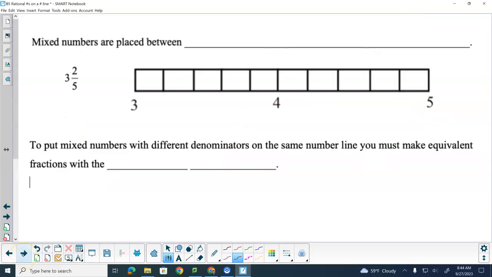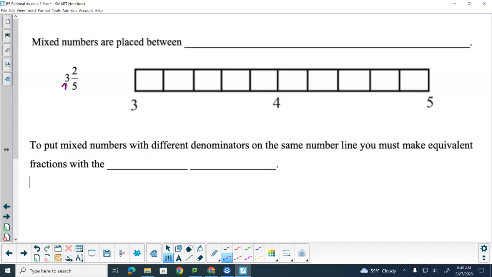We're going to go to the back side. With mixed numbers, it's actually easier, because when you place your mixed number, it's got to be in between this digit right here, the whole number part of the mixed number, that's going to be your left boundary, and then the next positive number.